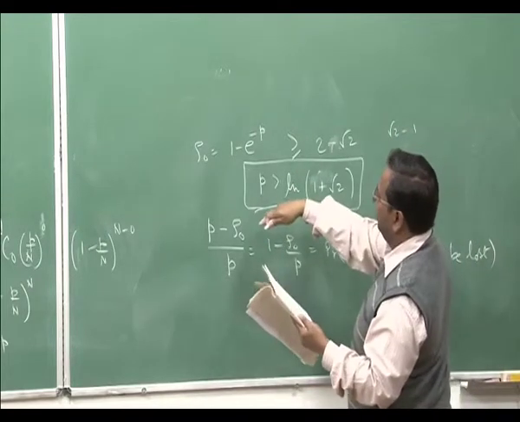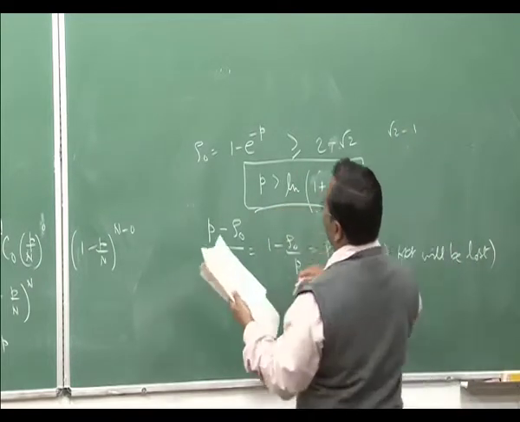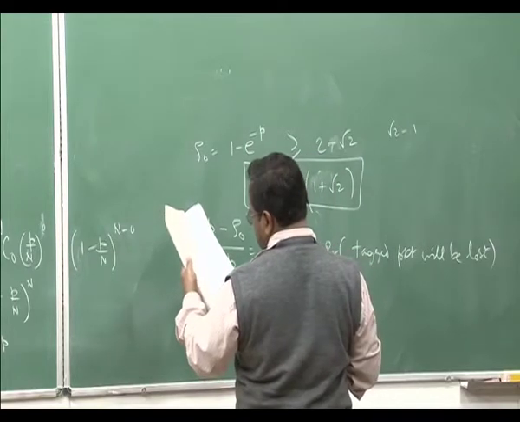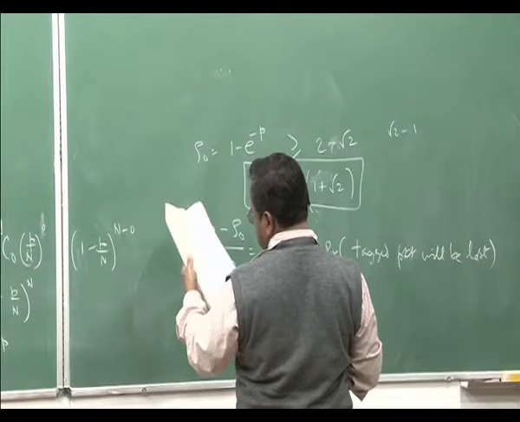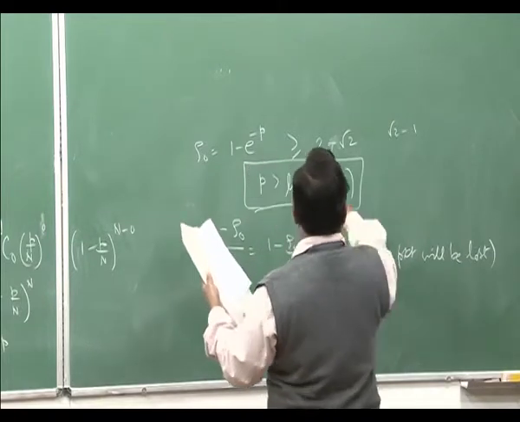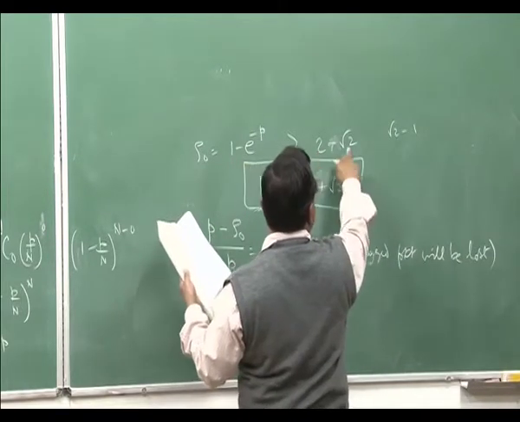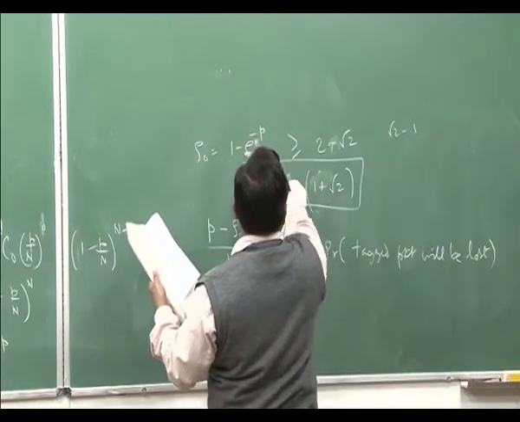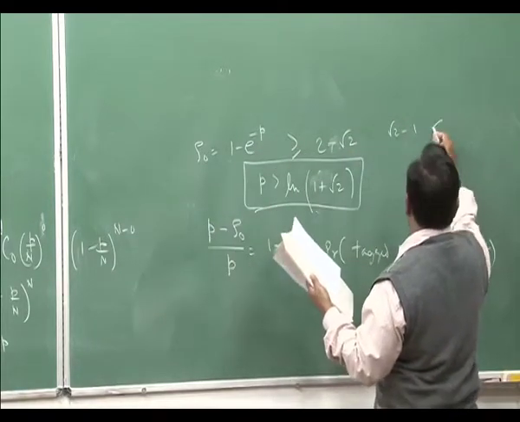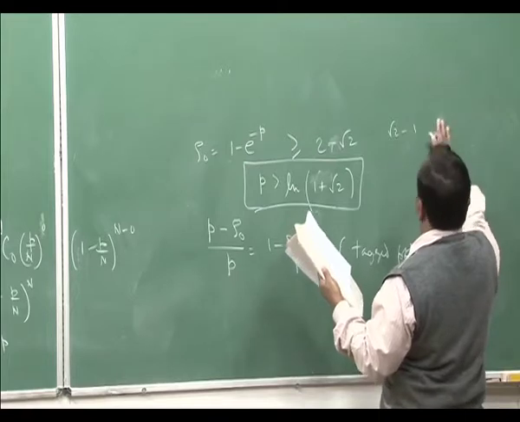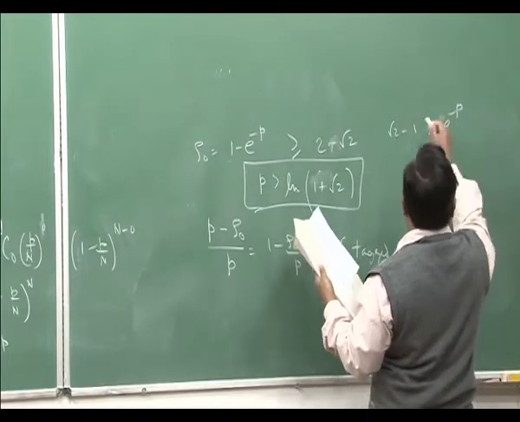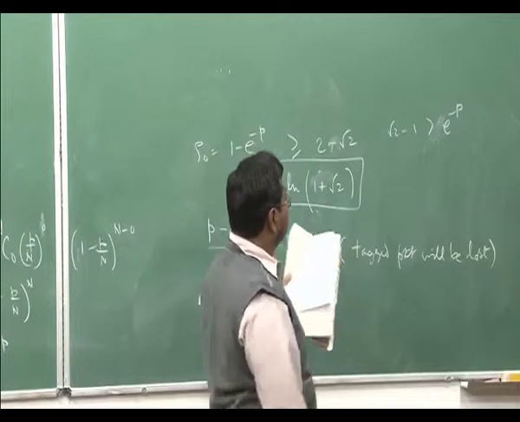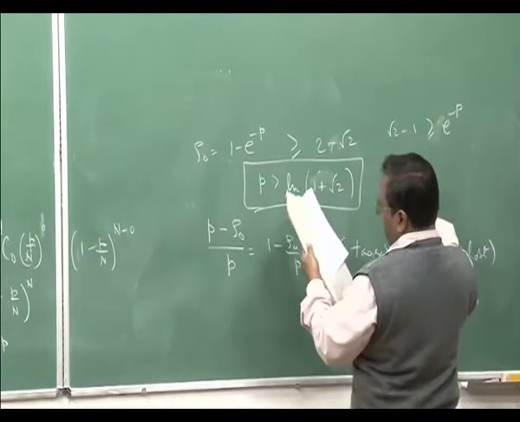Root 2 you put on that side. Greater than or equal to minus 1. Okay, this 2 minus 1 is 1. 1 minus root 2 minus e raised to power minus p. So root 2 minus 1. I will change the sign. Okay, that's the way it will come.